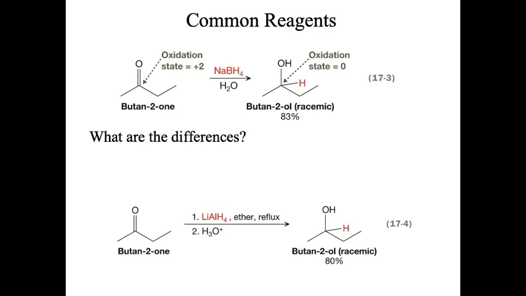The aluminum hydride is in acidic conditions. Does everybody agree with that? Okay, you're backtracking. Why? It's in the second step. It's a secondary step. Okay? Which is a difference. The first one, our borohydride, is 1 step. The aluminum hydride is 2 steps. Okay? What else do you see?